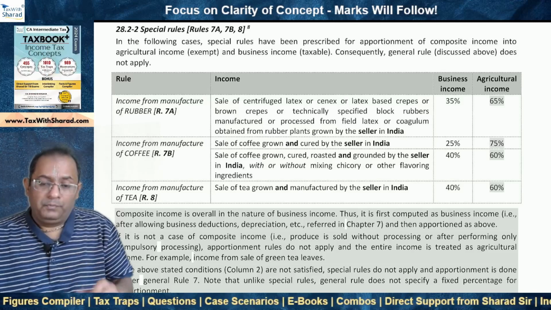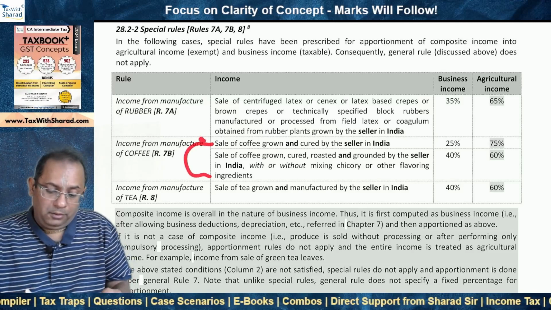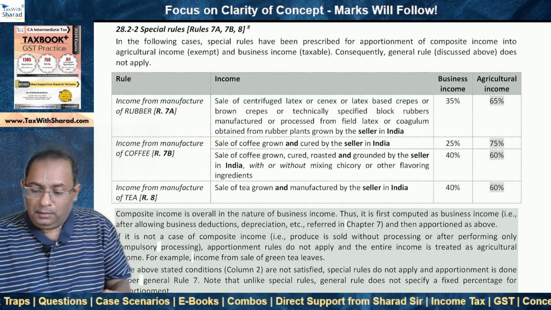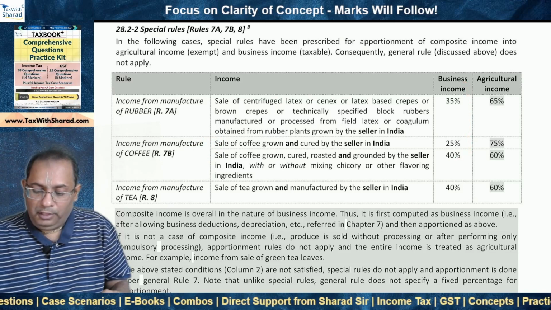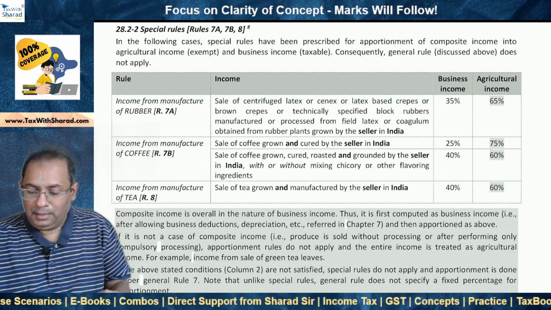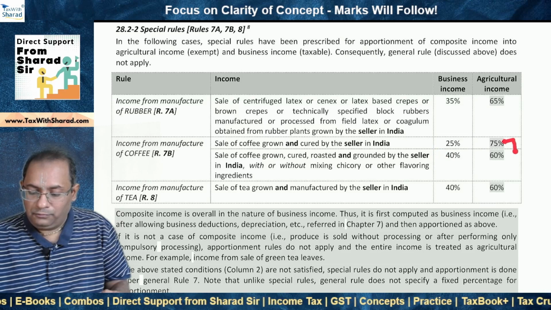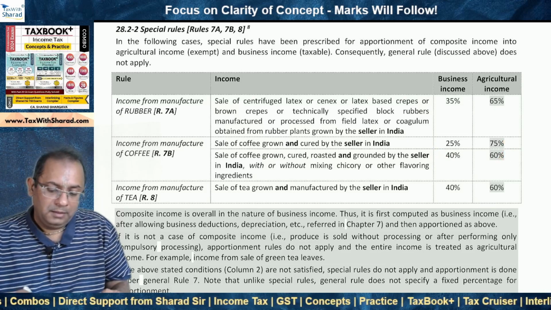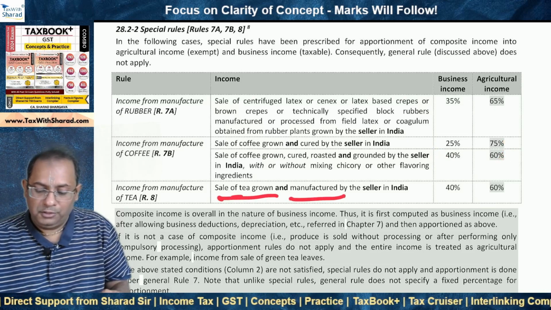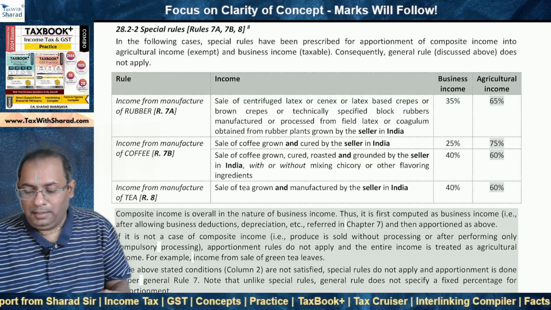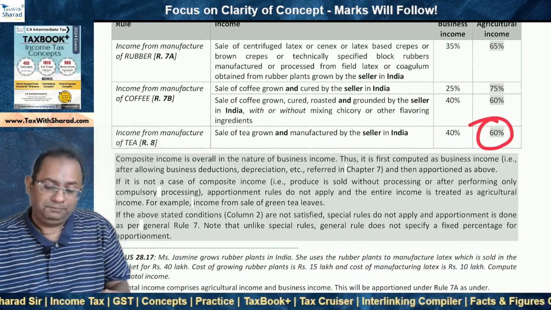Since more processing is done as compared to the earlier scenario, the taxable portion is increased from 25 to 40%, and consequently the exempt agricultural income portion is decreased from 75% to 60%. Similarly, sale of tea grown and manufactured, 40% is taxable and 60% is exempt.